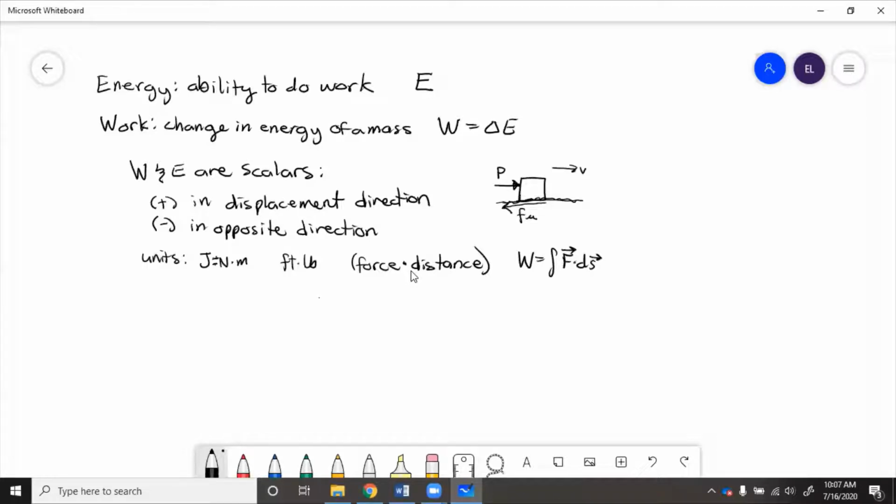Now there are different types of energy. Energy can be stored or it can be dissipated. Stored energy is done by conservative forces.